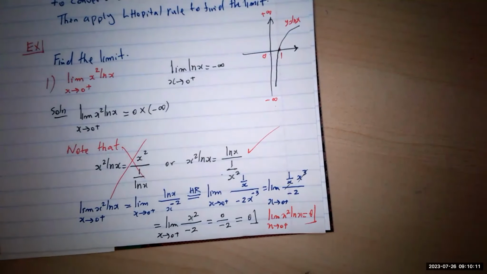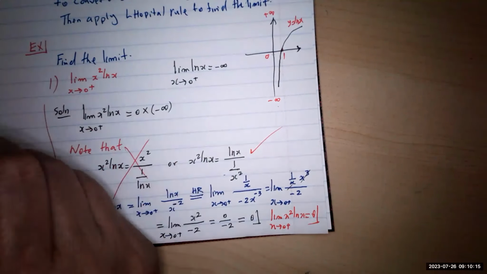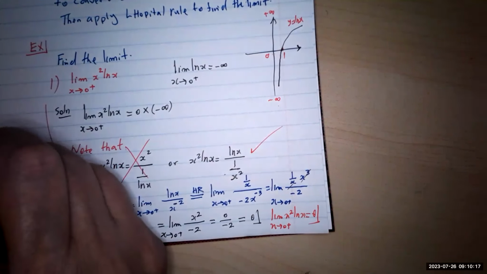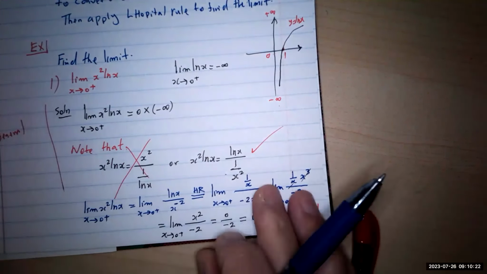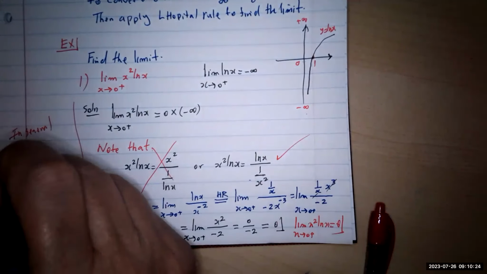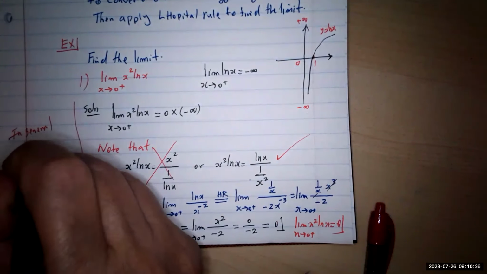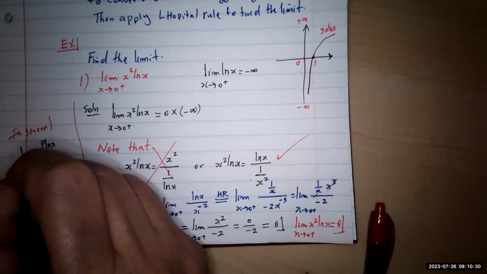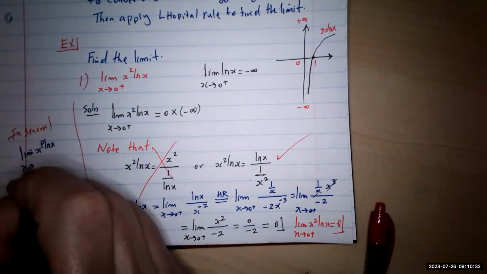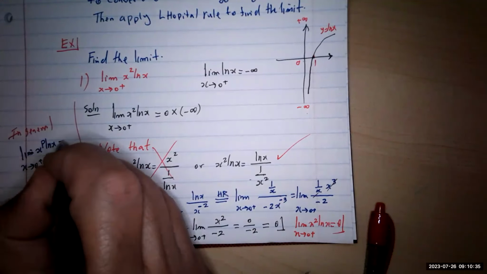And it doesn't matter whichever power you have. You see, again, for your information, in general, for any power of x, the limit of x to the p ln x when x goes to 0 positive is always 0.